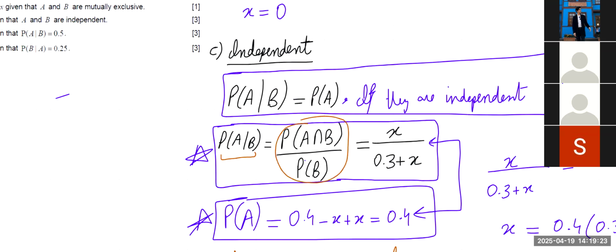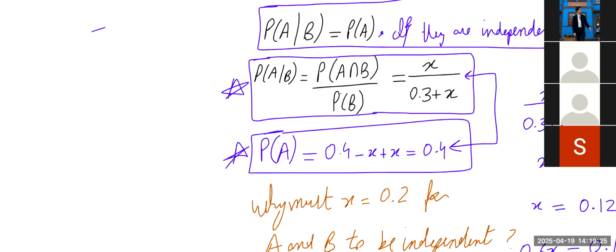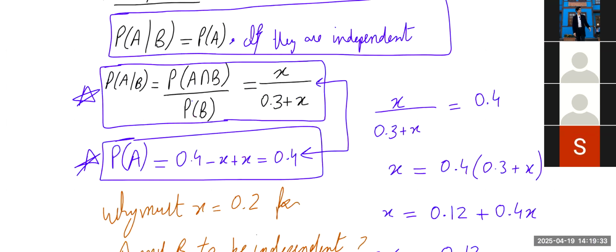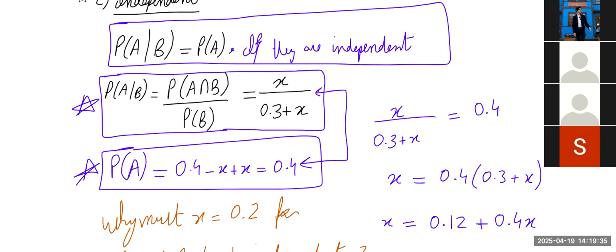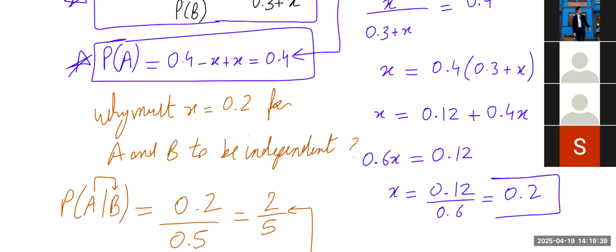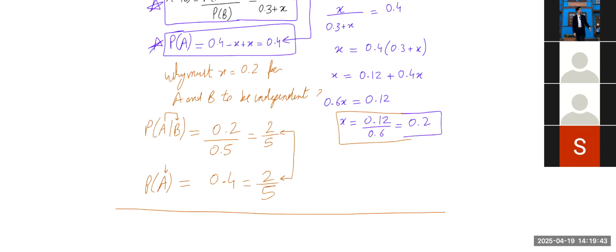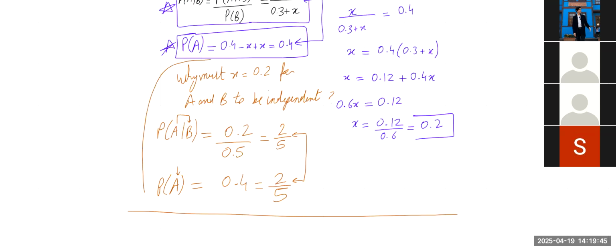Then find the probability of A happening in general using just the Venn diagram, the full circle of A, the sum of these two. And then if you want them to be independent, realize that they must be equal. This must be equal to this. You get an equation, solve that equation for x, and you will get the value of x that you need for independence. This red part over here is just me explaining how x being equal to 0.2 makes them independent. This is not part of the problem. It's just me explaining to you.